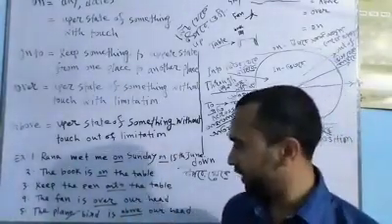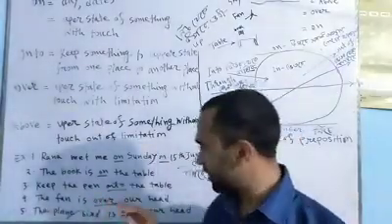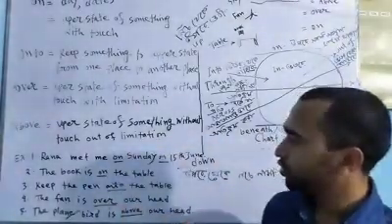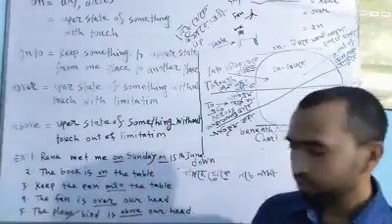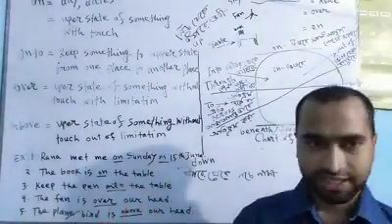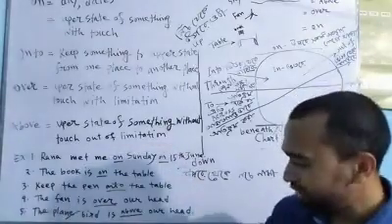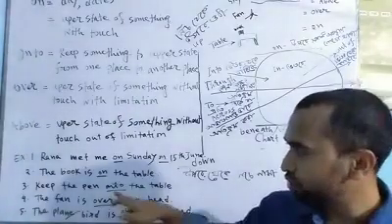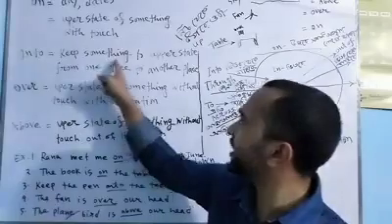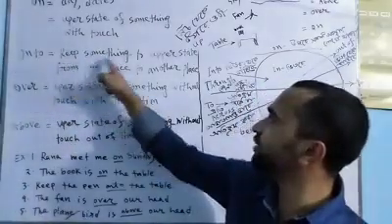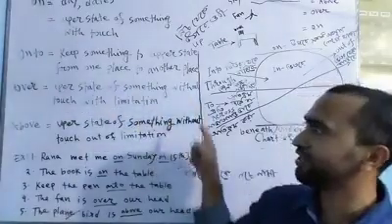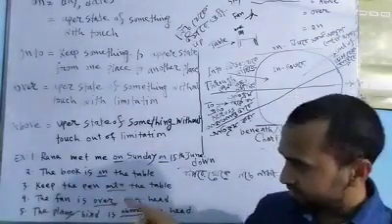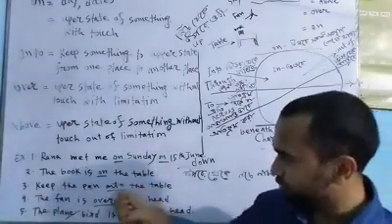We keep the pen onto the table, because the pen was in another place. We take the pen from another place and keep it on the upper state of the table. For this reason, we should use onto. Keep something to an upper state from one place to another place, in this case we have to use onto. For this reason, example 3: we use the preposition onto before the table.